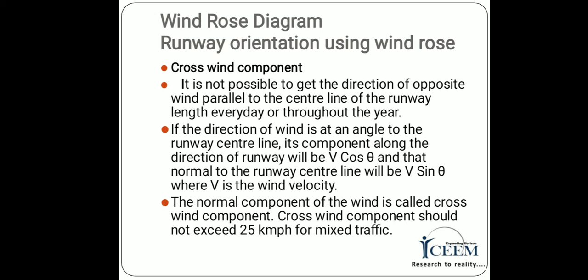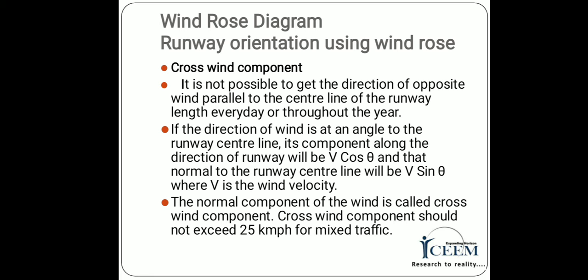Then the crosswind component of wind diagram. It is not possible to get the direction of wind parallel to the center line of the runway every day or throughout the year.